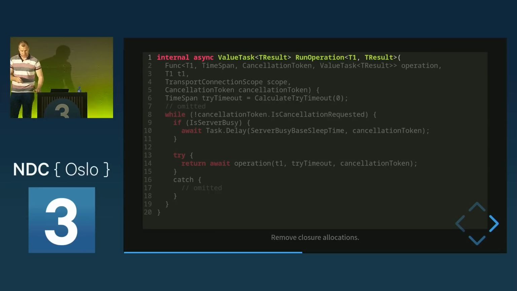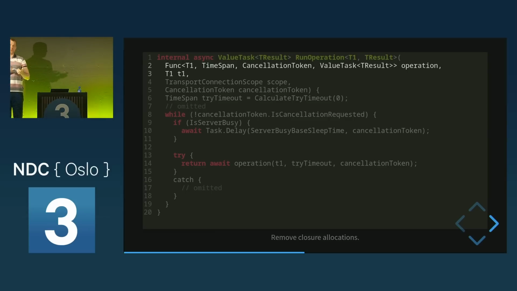And then what we do is we accept T1, which is the state that is going to be passed into this method, and we return a result because we have methods that return a result, right? Then we change the function delegate to accept T1, and we add a cancellation token and whatnot, and we return a ValueTask. And then on line 3, we pass the state into this method. Why is it a generic?